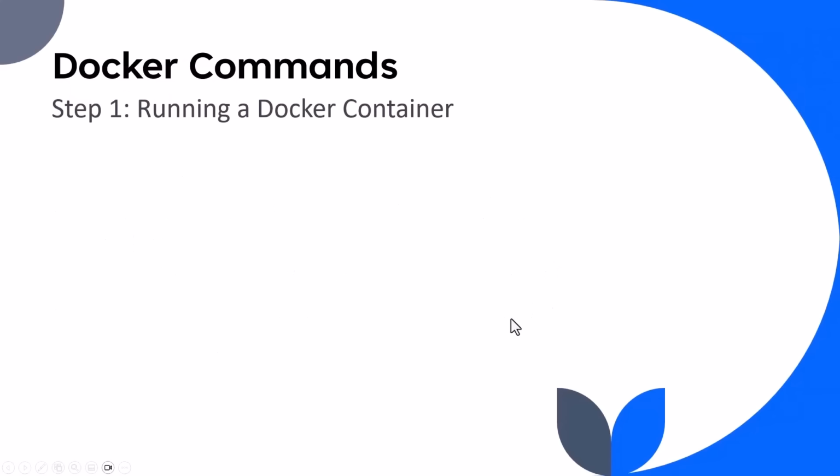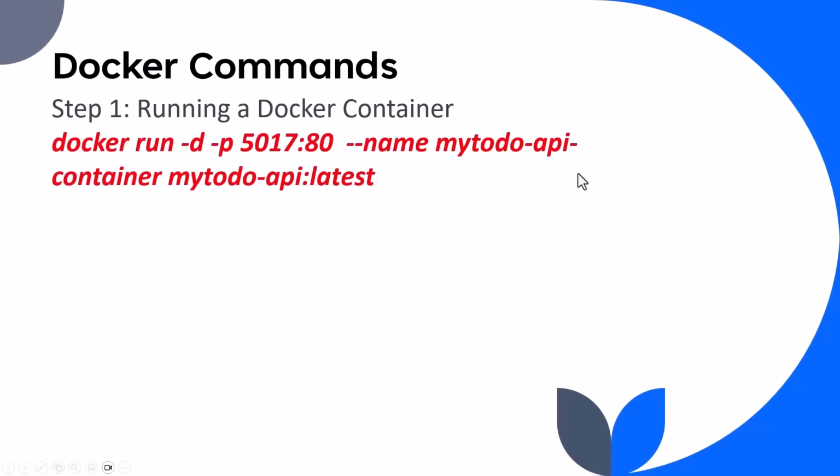Next is running a Docker container. What is the command? docker run -d, that is in detached mode, so it is running in the background. And -p is the port flag, 5017 is the port on the host computer, on my computer here, and this is the port on the container.